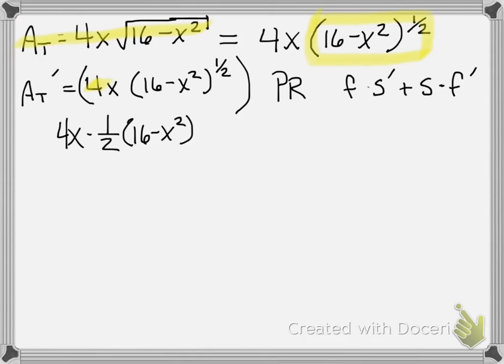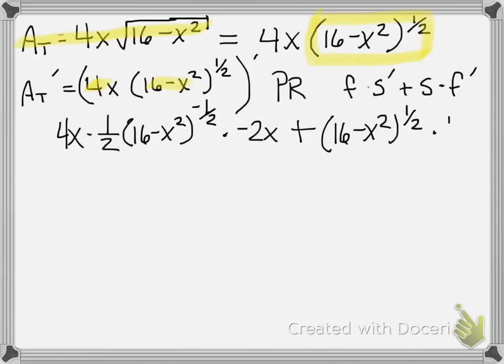Now we have to subtract 1 from the power, so 1/2 minus 1 gives us a negative 1/2, times the derivative of what's inside, and so that is negative 2x. And that's going to be plus the second, which was 16 minus x squared to the 1/2 times the derivative of the first, which is just 4.